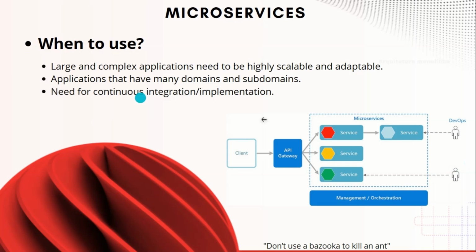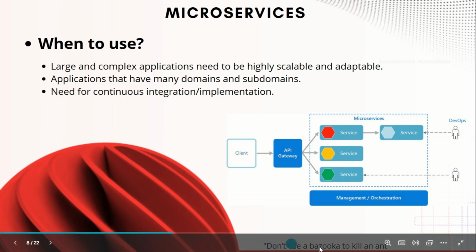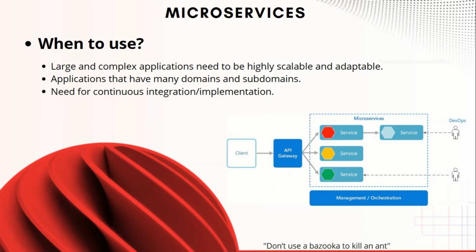Here we have an example microservice architecture with a client, API gateway, microservices, Docker containers, and orchestration. Here we have a sentence about microservices: don't use a bazooka to kill an ant. If your application is not too large, you don't need this approach.